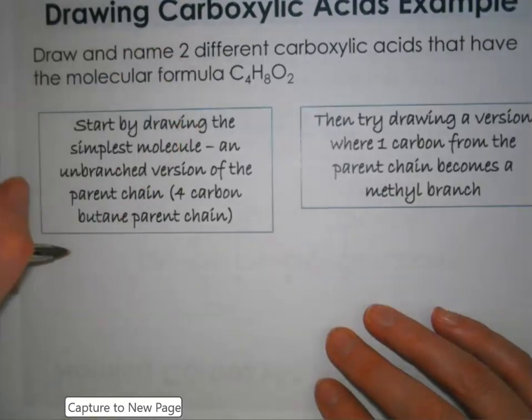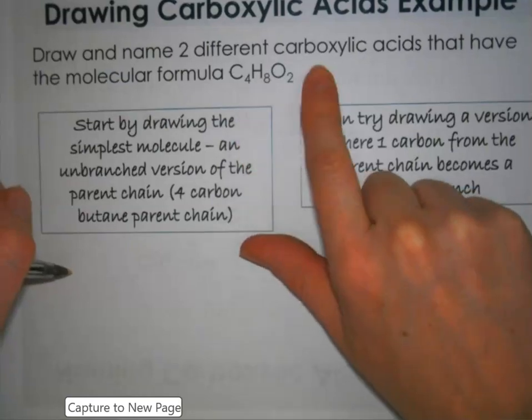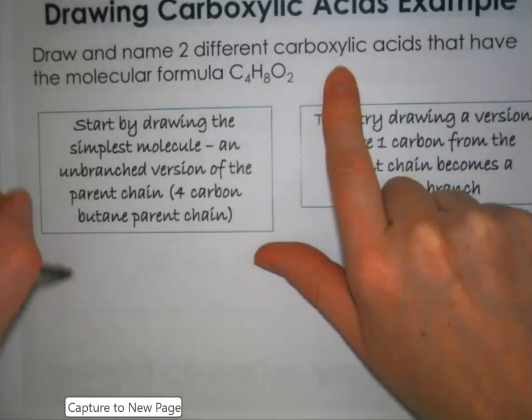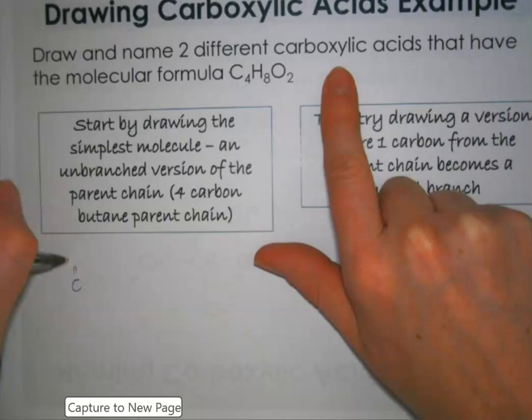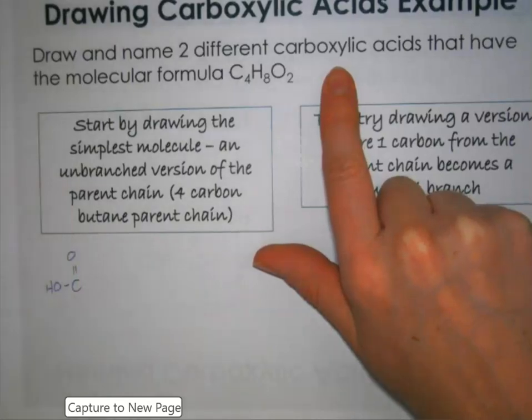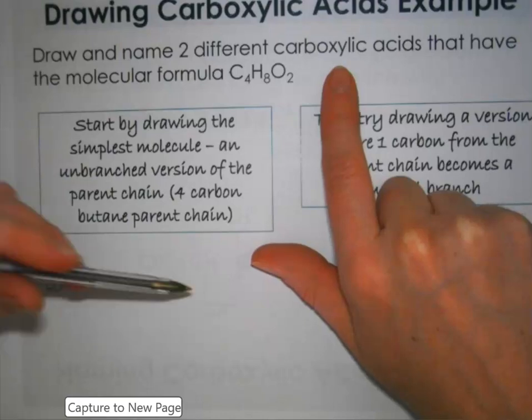So basically that means, and it says that it's a carboxylic acid, so we know we're going to have a carbon with our carboxyl group. So just like I said that you would be doing the HOOC if you're starting from the left, we draw that in our structural formula as well. So H is always on the outside, whether it's on the left or on the right.